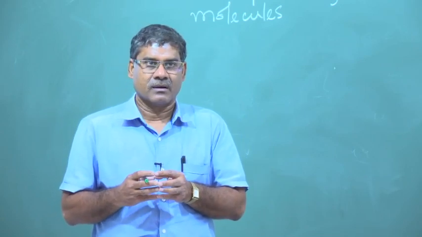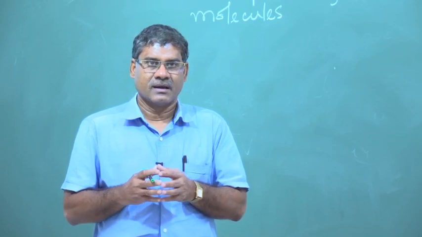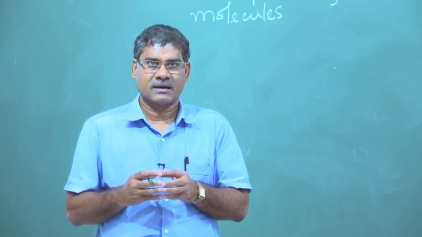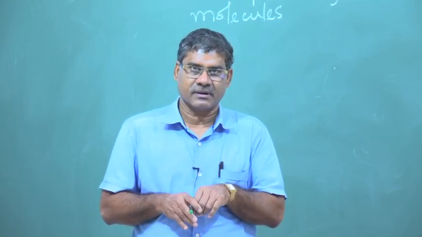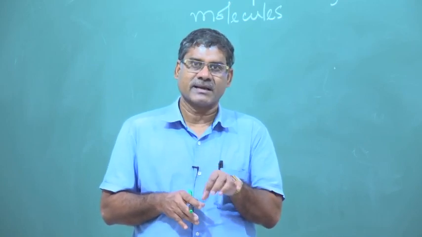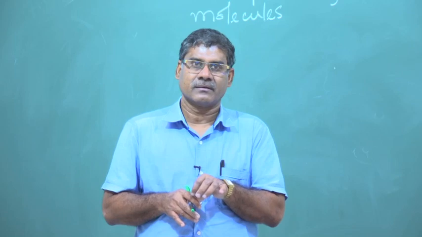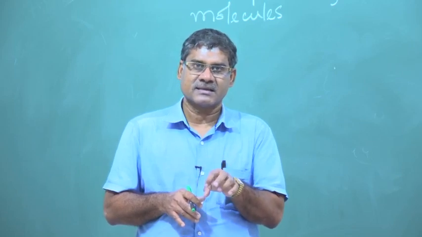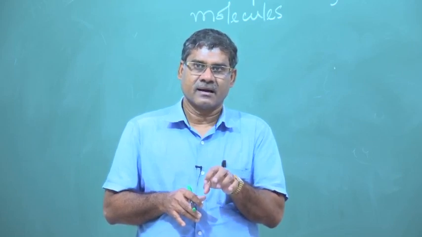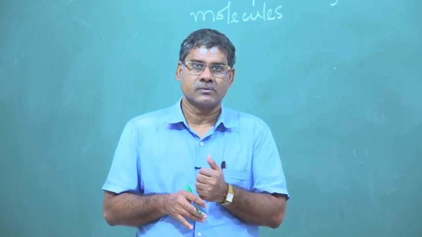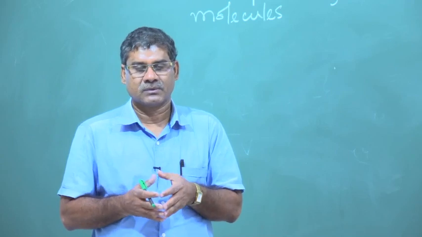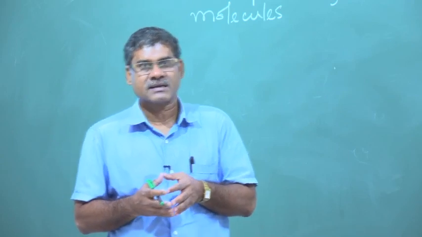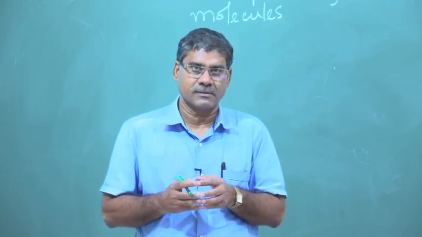In the collimator there is a convex lens, and this lens is used to make parallel rays, to fulfill the condition of Fraunhofer diffraction.